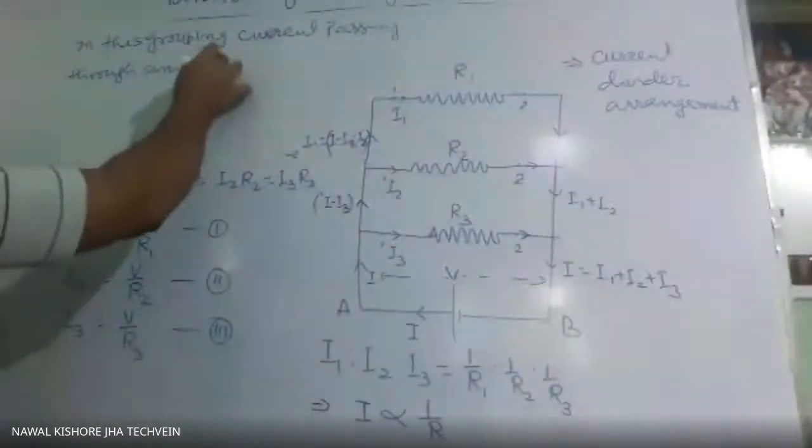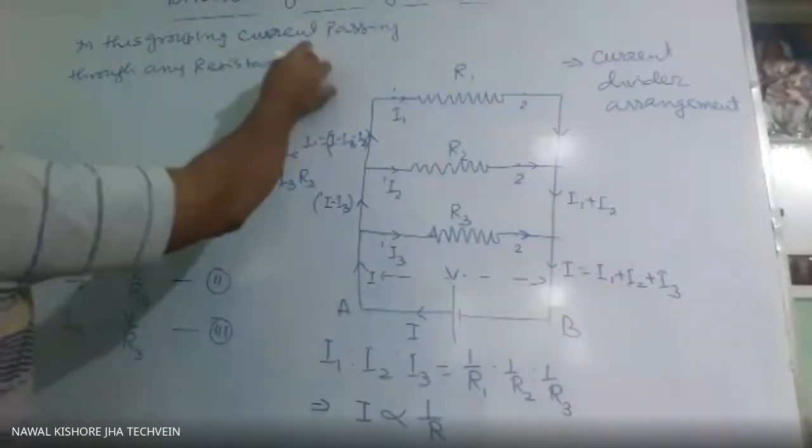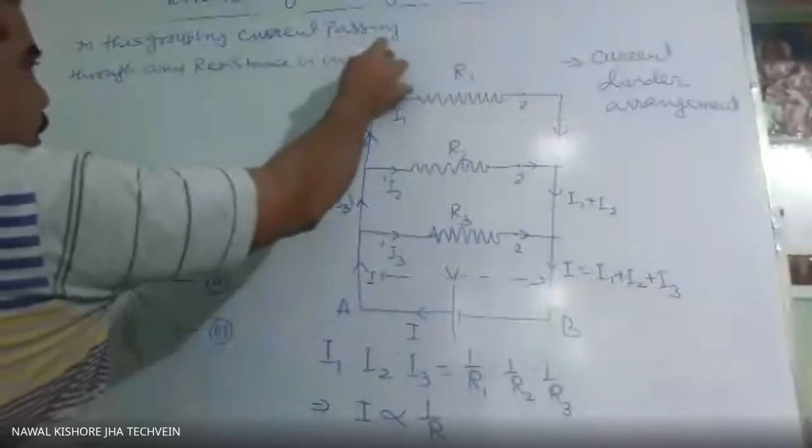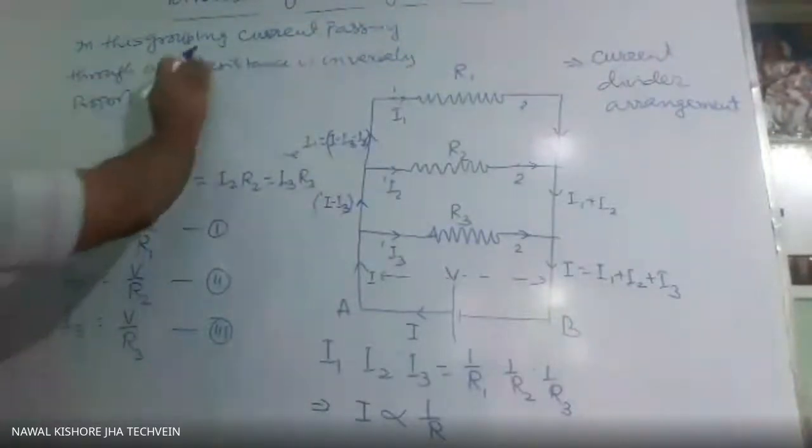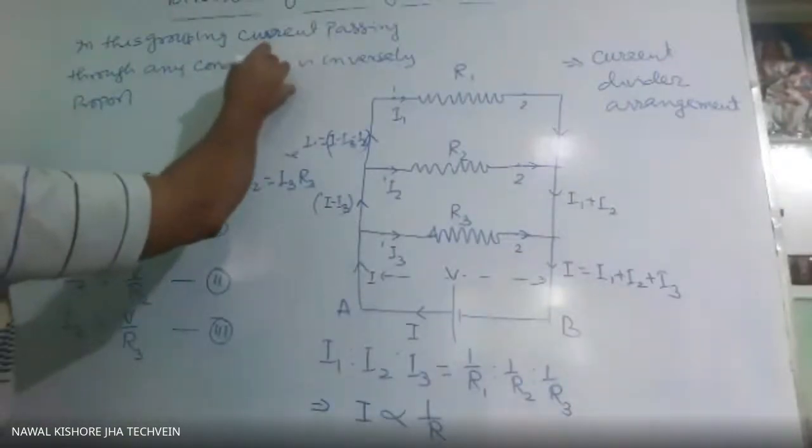So in this grouping, current passing through any resistance, or through any conductor, we can say, is inversely proportional to its resistance.